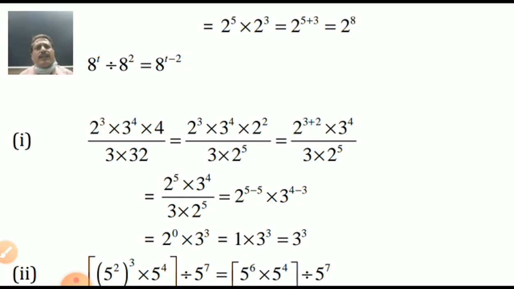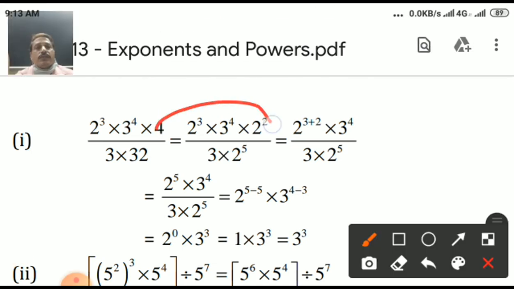Is it easy? Yes, right, dear students. So now you have 2, 3, 2. In place of 4, can I write here 2 raised to 2, students? See, here the two things are there, 2 raised to 2, and 32 is here 2 raised to 5. I made this according to that, dear. Yes or not? Yes, correct. The rest of the things are common. Now check it.